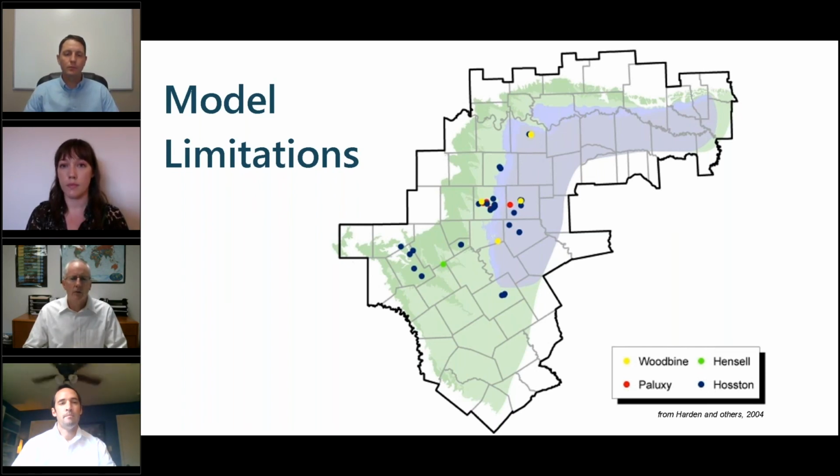Sure. This will be a little repetitive because John has touched on several of the things that also apply to limitations. Models are inherently simplified representations of more complicated natural systems. In this case, we've got a numeric representation within MODFLOW of much more complicated aquifers and groundwater flow. It's important to remember that models don't give you the answer.